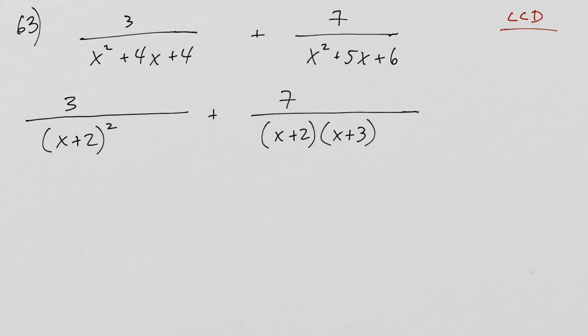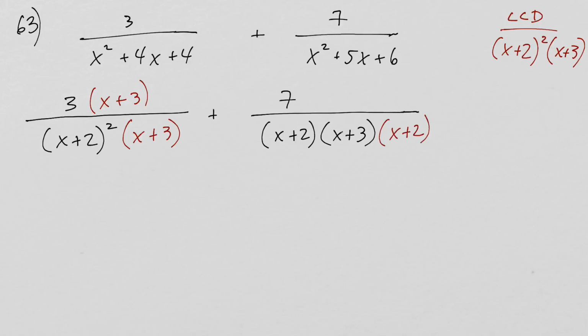So my LCD is going to be x plus 2 quantity squared times x plus 3. So to make the one on the left look like that, I need to multiply by x plus 3. And I have to do that up in the numerator as well. To make the bottom right one look like that, I have to multiply by x plus 2. So this is going to be like that.